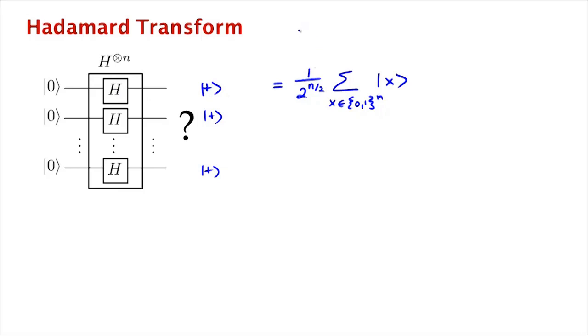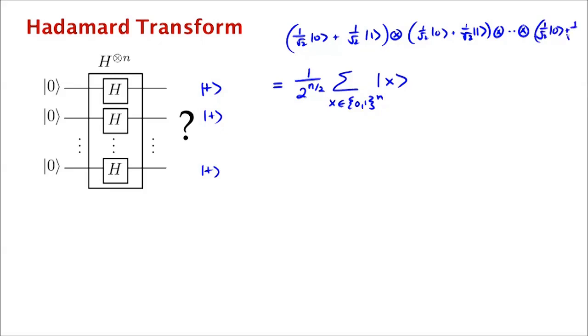How did we get this? Well, this is 1 over square root 2 times 0, plus 1 over square root 2 times 1, tensored with itself n times. So it's a tensor product with itself n times. Another way we denote this is by saying 1 over square root 2 times 0, plus 1 over square root 2 times 1, and then in the exponent we just put down this notation, tensored with itself n times.